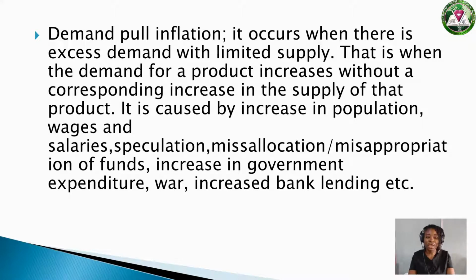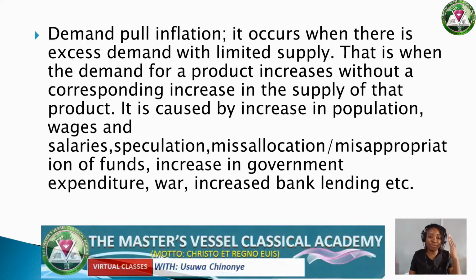Now we have speculation. If you assume that in the next 2 weeks the price of this product will rise, what happens? People will rush into the market and demand more of that product, thereby making the supply small, and we have more demand.